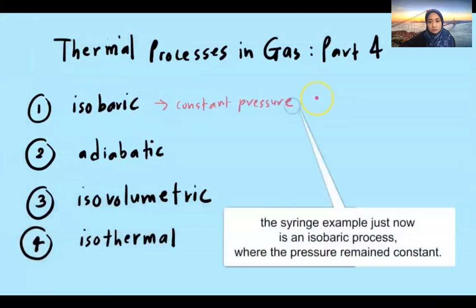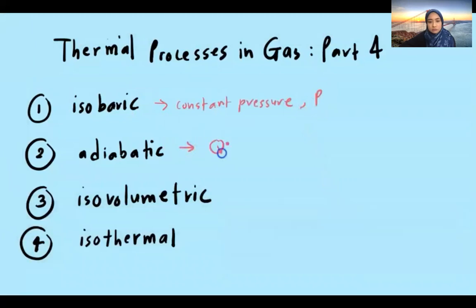And what does adiabatic mean? Adiabatic means your heat energy is equal to 0, which means that no heat energy is released or absorbed by the gas system. And number three, isovolumetric: you have the word volume here, so it means V is constant.